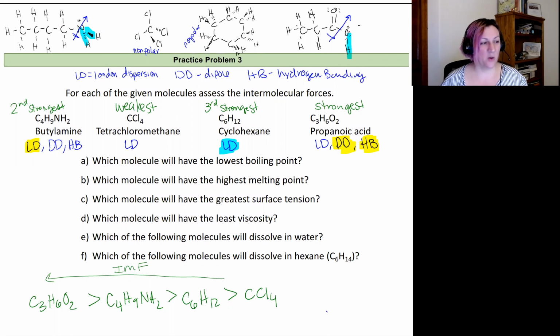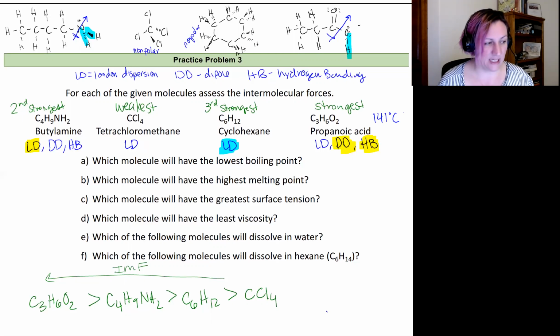If I wanted to, I could compare boiling points. It's not going to be a perfect comparison because the size or mass of the atom is going to affect the boiling point as well. Sometimes it's a helpful metric. It is not going to be a direct way to compare intermolecular forces, though. If I do that, I find that my propanoic acid has a boiling point of 141 degrees Celsius.